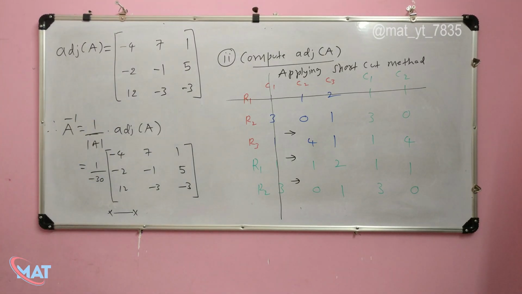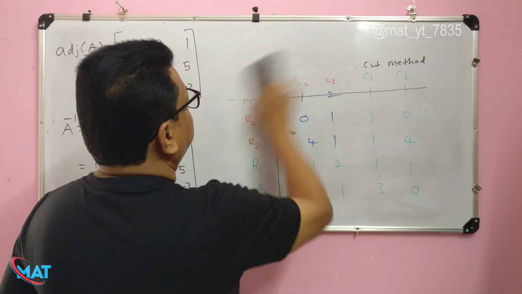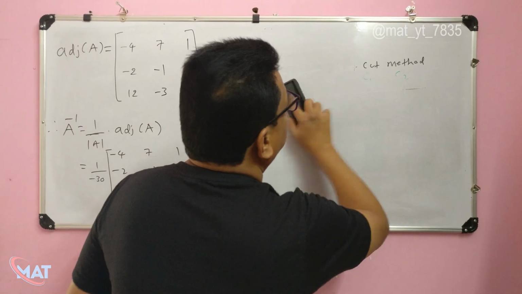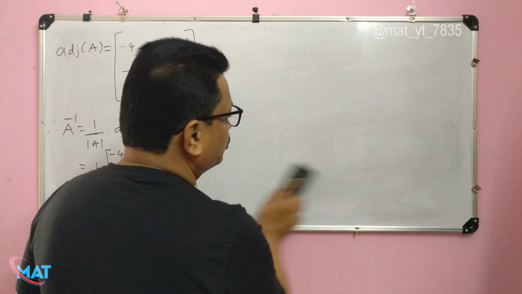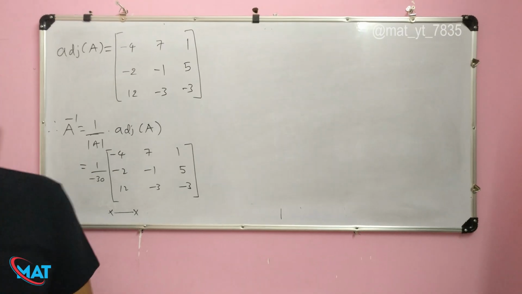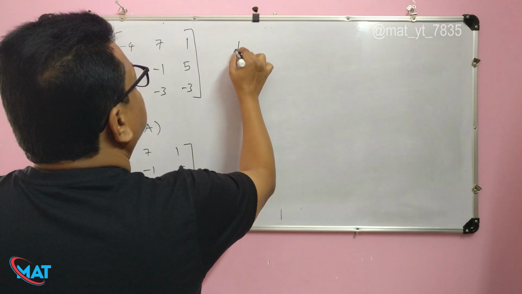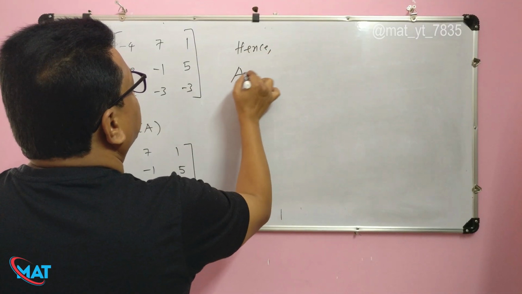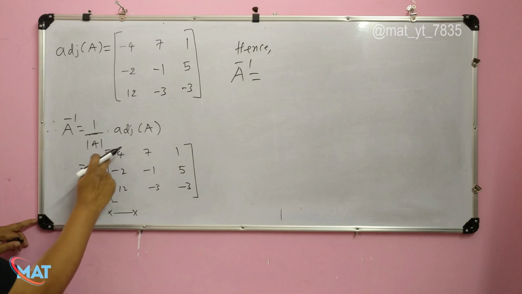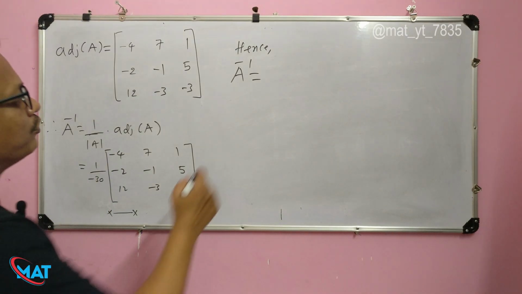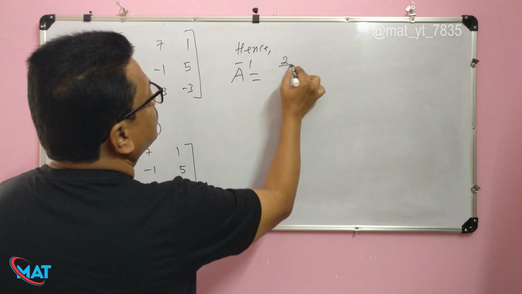Hope it is clear to you. Let us write the last step. If you wish to write only in matrix elements without showing that outside scalar or real number, then by taking that inside, minus minus plus 4 by 30, it is 2 over 15. Simplest form.